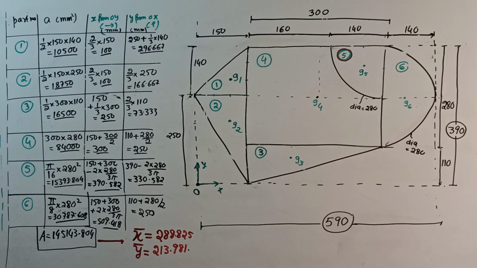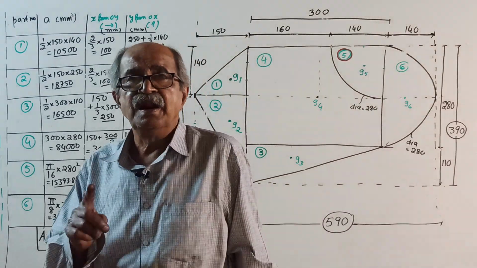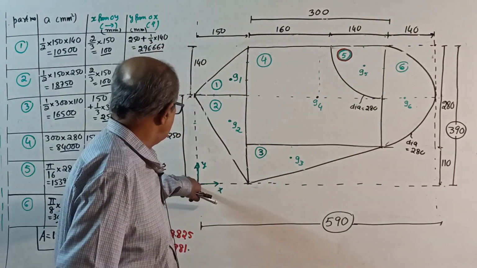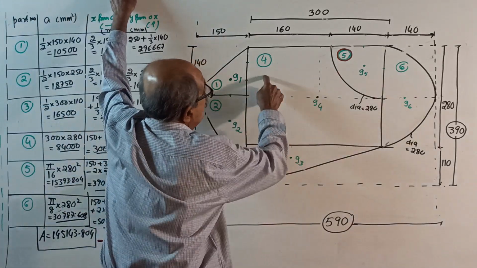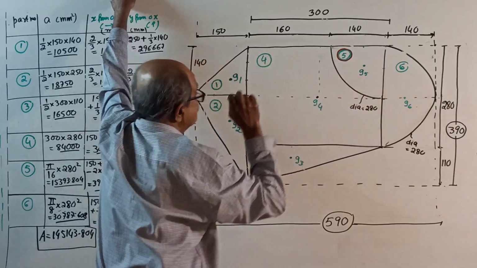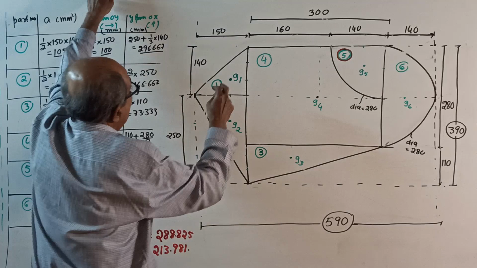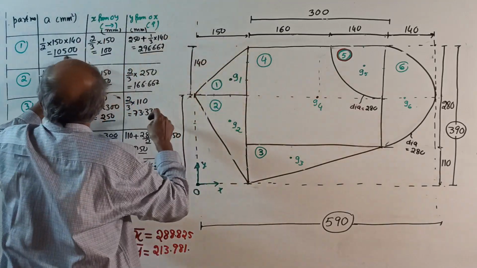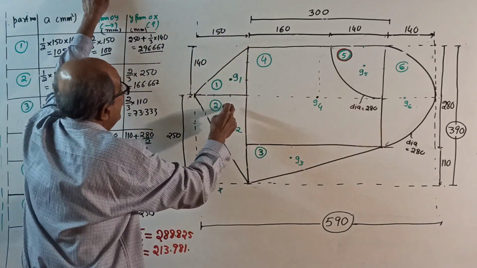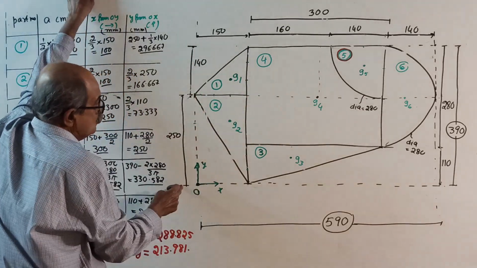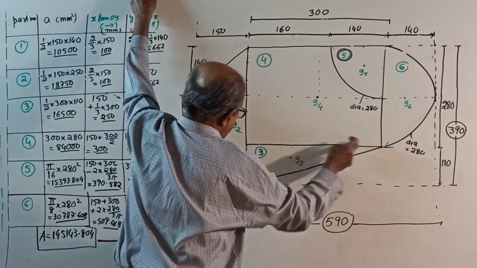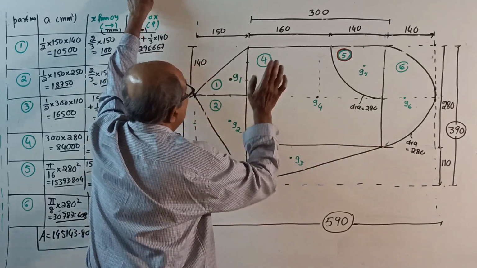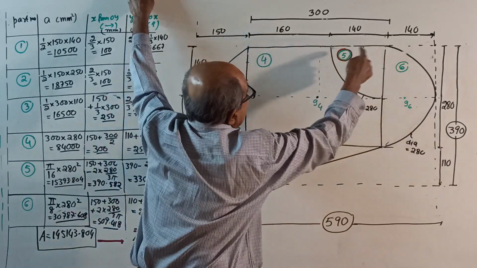Now, I already told Abelco here. Part numbers 1, 2, 3, 4, 5, 6. Start with area: half into 150 into 140, this area. Half into 150 into 250, this area. Half into 300 into 110. Rectangle area, 300 by 280.